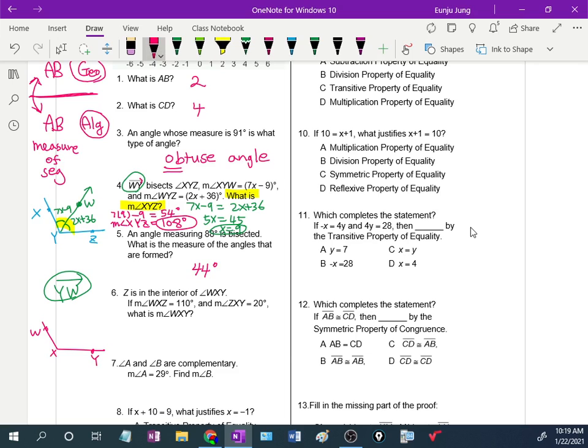Okay. And WXZ, oh. So XZ is interior. Okay, so one big angle, one small angle. So this is the location. This is WXZ, and this is ZXY, right? And looks good. This is 110 degrees, and this is 20 degrees. Make sense?